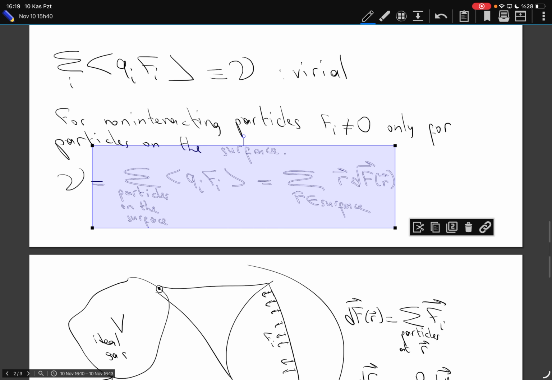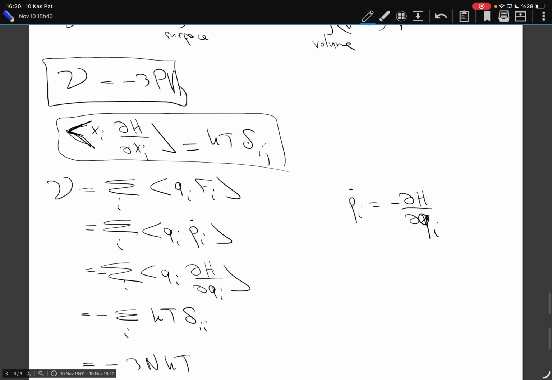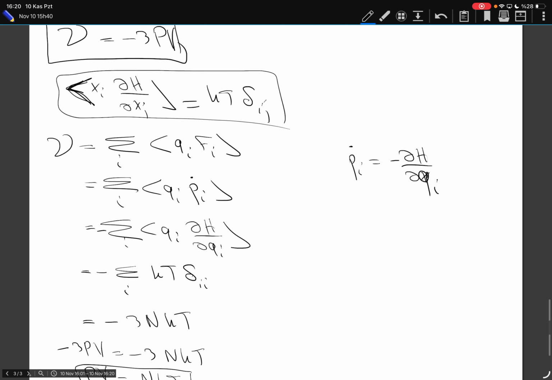But when I take the average, this is correct, whichever particle i and j I'm talking about, that average will always be kT times the Kronecker delta. So that is what I used as I go from this step to this one.